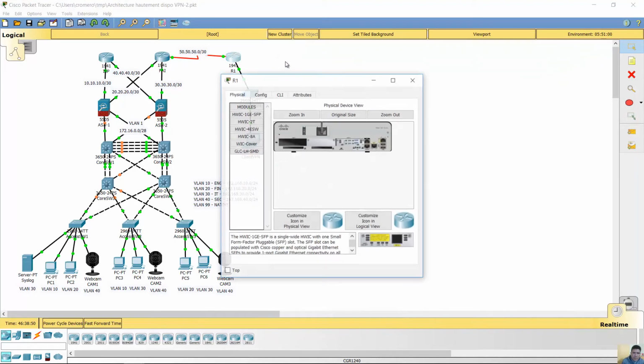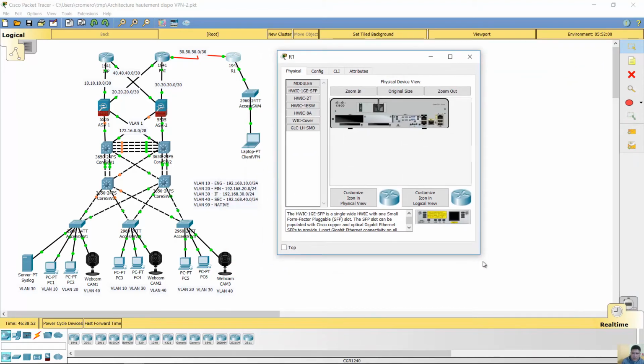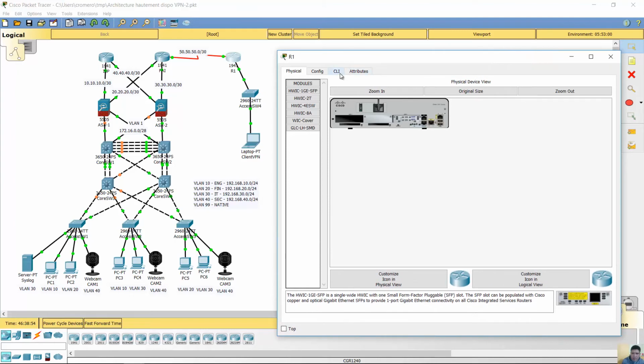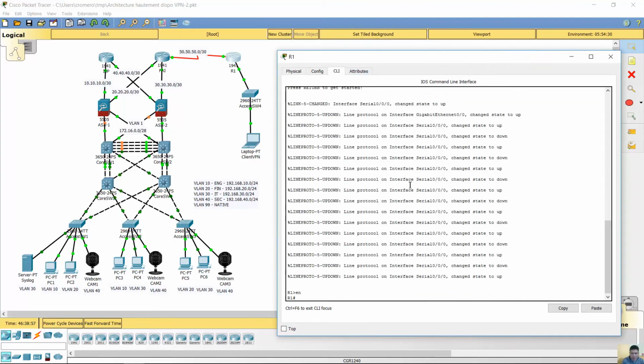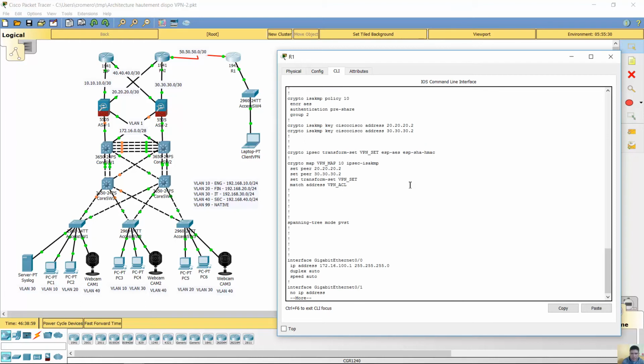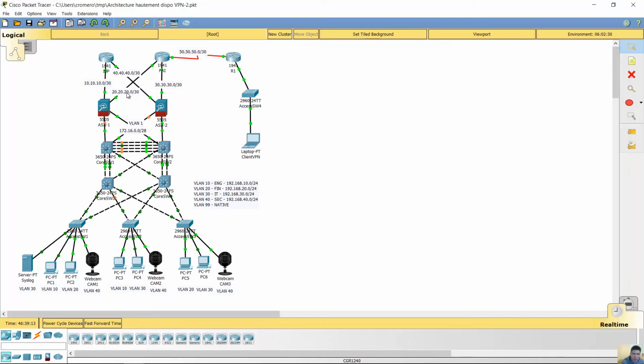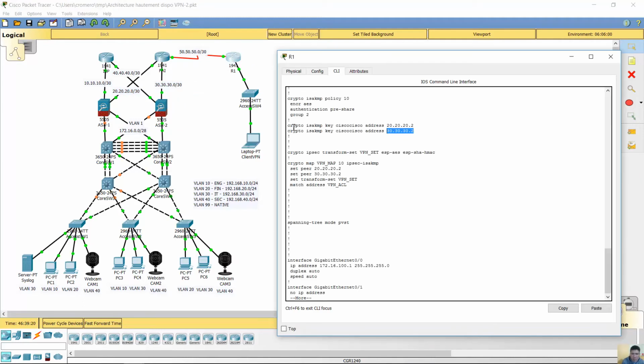Okay, and R1 is the VPN client. Enable, show running config. This is the VPN configuration, and there are two destination points. One is 20, another is 30. 20 is for ASA1 and 30 is for ASA2. This VPN is configured for two destinations.